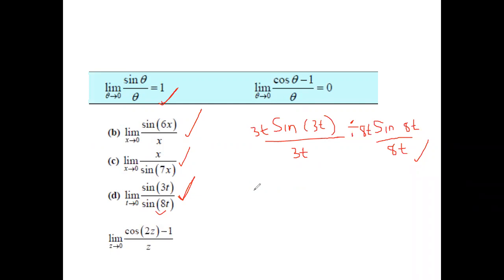This will give us sine of 3t over 3t, times, when we change the division, it is going to be the reverse, so that will be times 8t over sine of 8t.